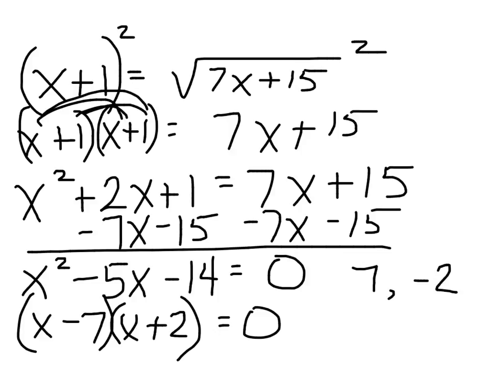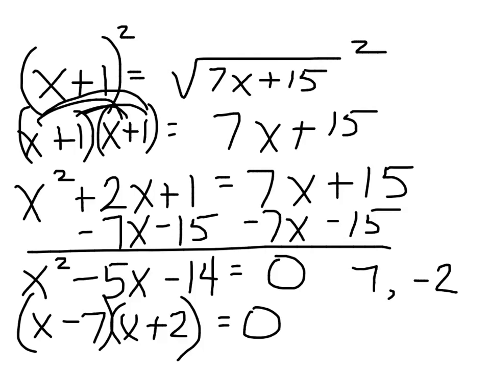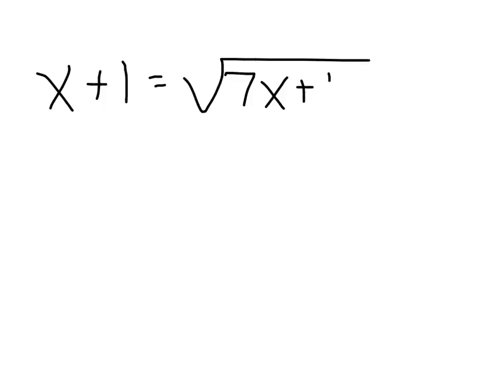Okay, so after I set them each equal to 0 and add or subtract the numbers over, that's what I get. Great. Do they both work? Yes. So let's try. On the 7, for instance, the original problem was x plus 1 equals the square root of 7x plus 15.